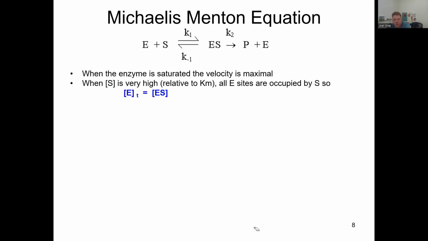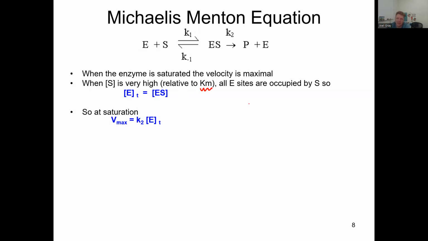Now, when your substrate concentration is very high relative to the Km, all of your enzyme sites are occupied by substrate. So ET, your enzyme concentration at a given time, is equal to your enzyme substrate complex. Now, this term right here, Km, that's something that we're going to get into in just a little while.